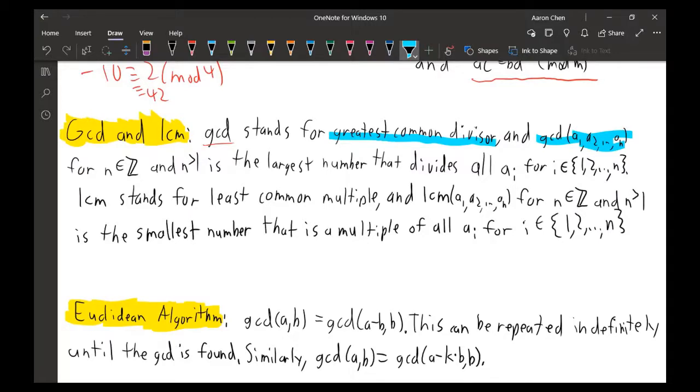When I wrote it down, I used A1, A2 to AN for integers and n greater than 1.